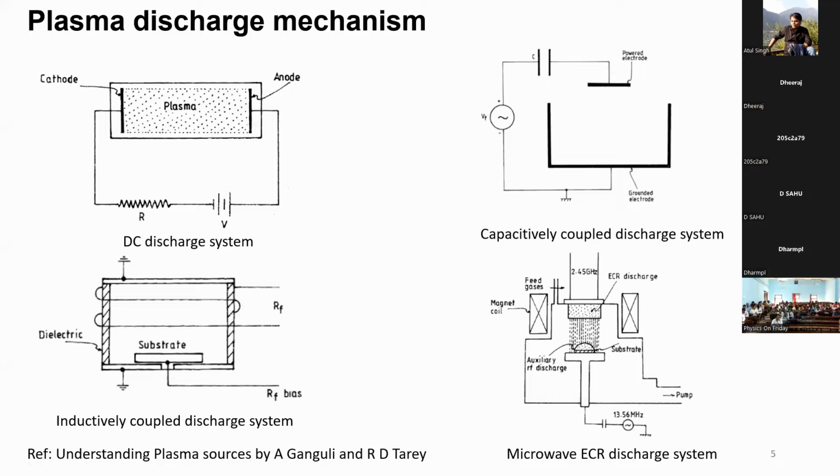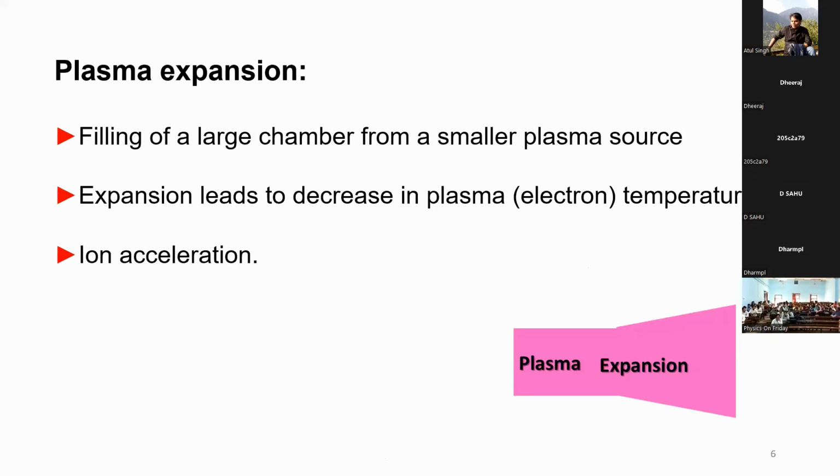It has to be small around 2.45 gigahertz; the wavelength comes to around 30 centimeters. So the dimension of the plasma system also has to be nearly like that, around 10 centimeters.